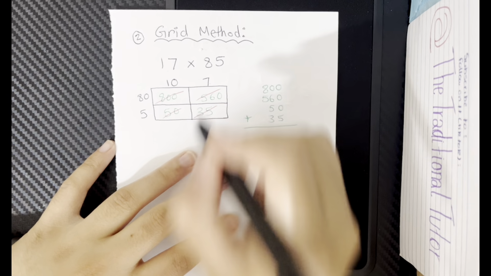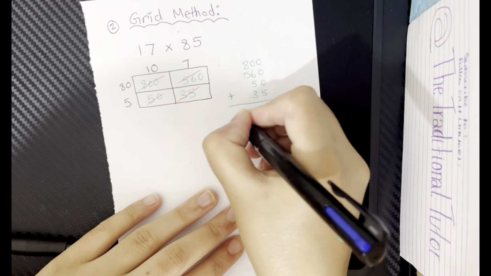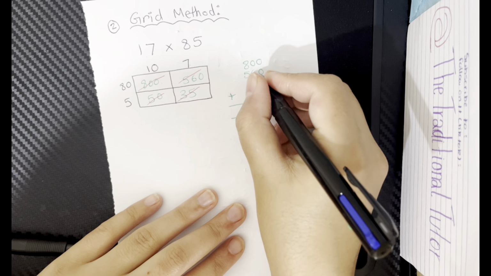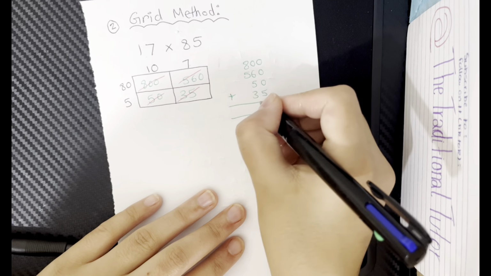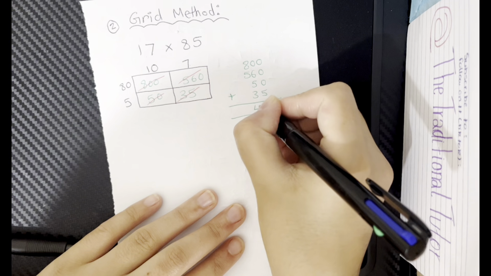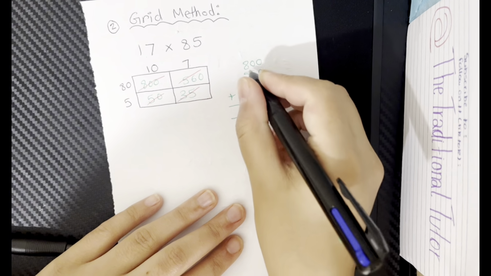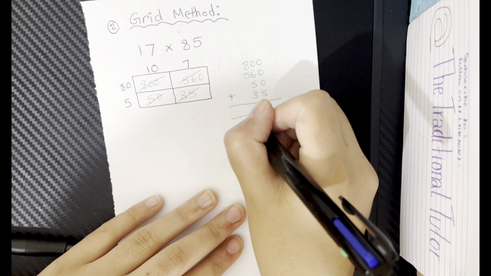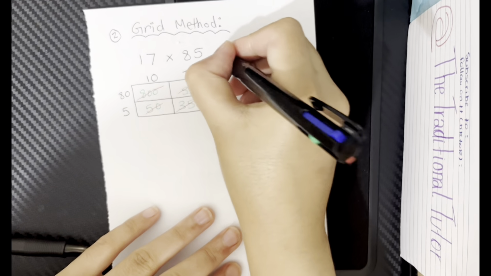That can be helpful in remembering that you've included all of your numbers when you're adding them. So my answer should be 5 here, and then I've got in my 10s, 6 plus 5 plus 3, okay? That gives me 14. I'm going to carry the 1 over, okay? And I've got 8 plus 5, and then add another 1, that gives me 14 again. So my answer is 1445.